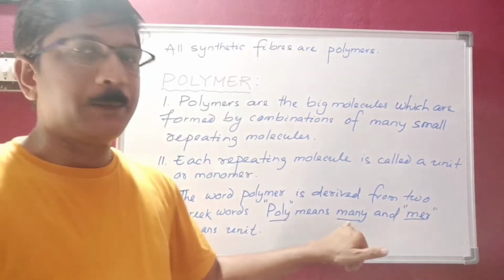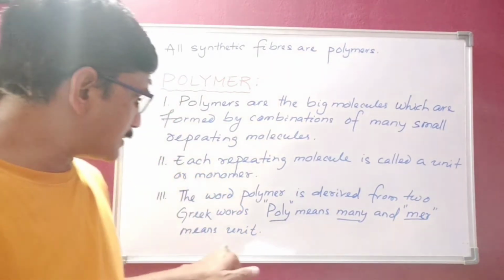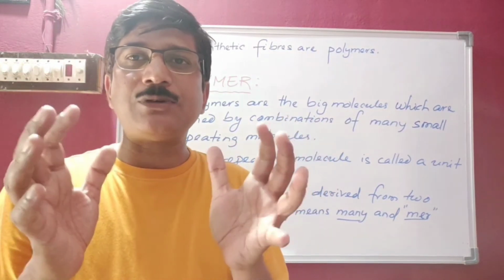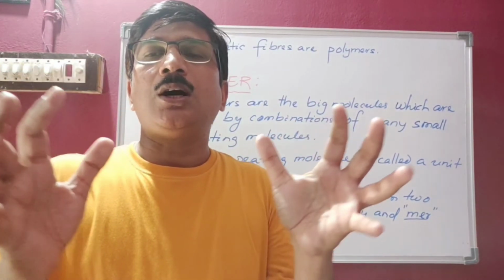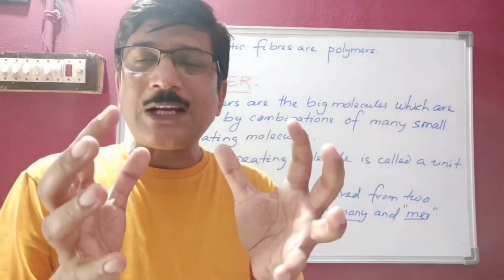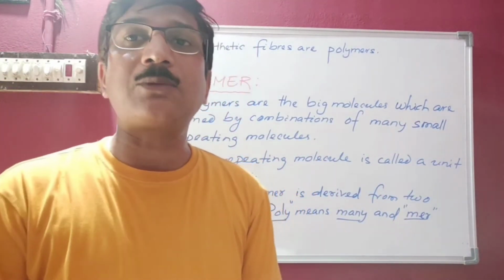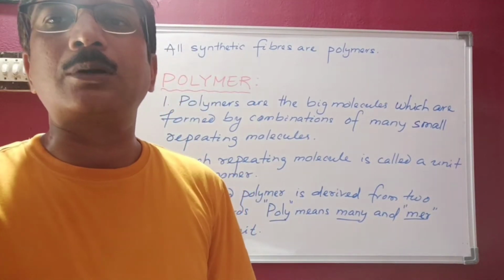Poly means many, whereas mer means unit. So when a number of units join together to form a chain-like structure of a big molecule, that molecule is called a polymer.